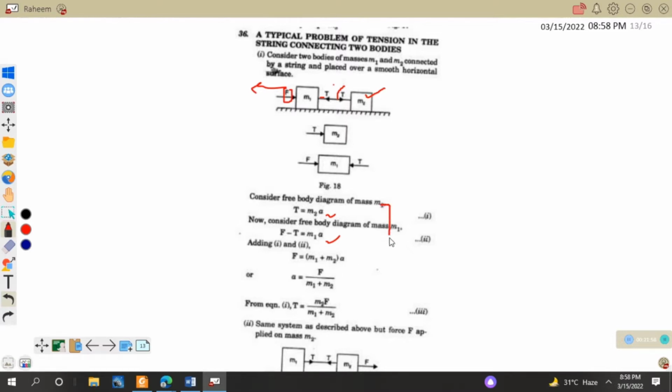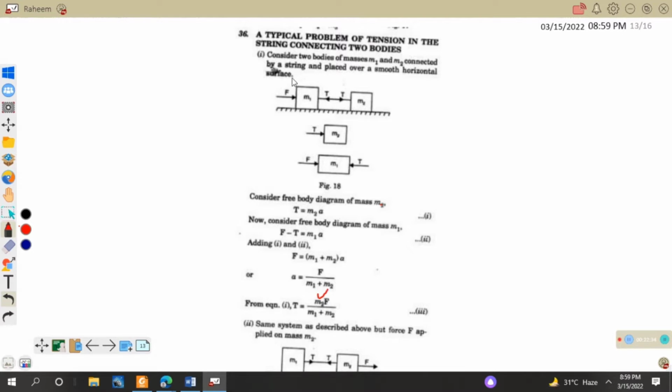If we mutually solve these equations, we are left with the expression for acceleration, which is equal to F over m1 plus m2. If we put this value of a back into our equation, we are left with T equal to m2F over m1 plus m2. If we generalize this result again, we see that when our applied force is on m1, in the expression for tension we have a term of m2.